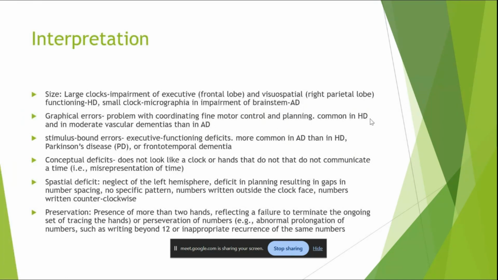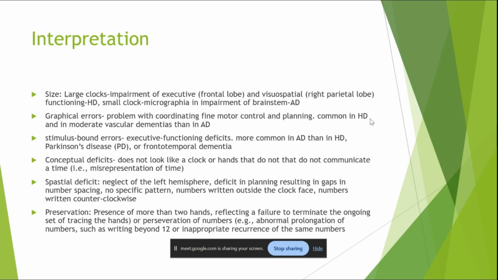In regards to the interpretation, the first thing is to look at the size. In regards to the size of the clock that was drawn, was it a very large clock or a small clock? A large clock tends to reflect an impairment of the executive part of the brain, which is usually the frontal lobe, and also right parietal lobe functioning.